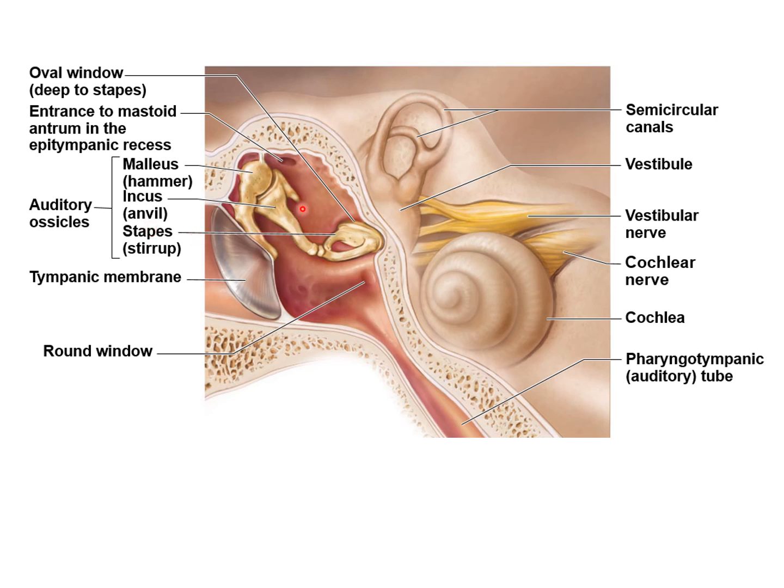Incus means anvil. And then it's connected to a third small little bone that we call stapes, which means stirrup. So there's your three ossicles, auditory ossicles. Ossicles means tiny bones, and you should know them in order, starting at the tympanic membrane, malleus, incus, and stapes.